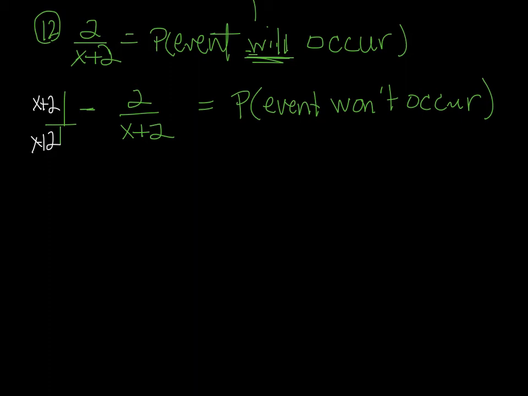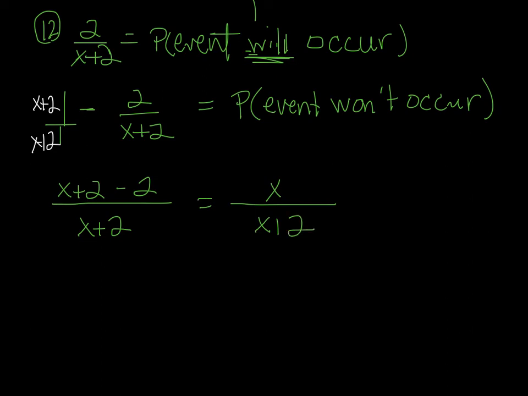All right, so in that case, I'm going to get x plus 2 minus 2, and that whole thing is going to be over x plus 2. And then we see in the numerator that those 2's are going to cancel out, so I just have x over x plus 2. And if we look at our choices, that is choice 4.